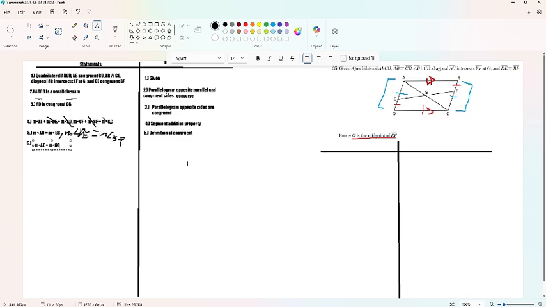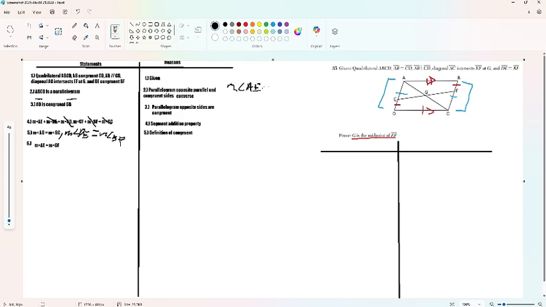Why this works, you can see if we draw it out: measure of AE plus measure of DE is equal to measure of AD, since we know these are congruent.